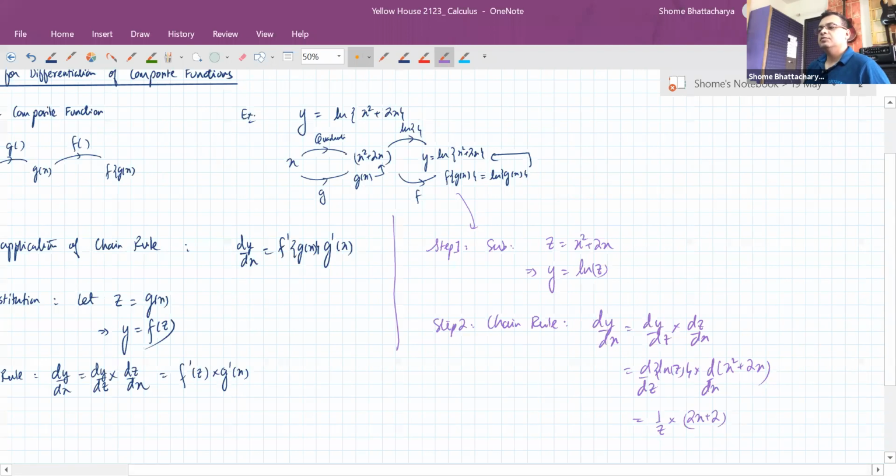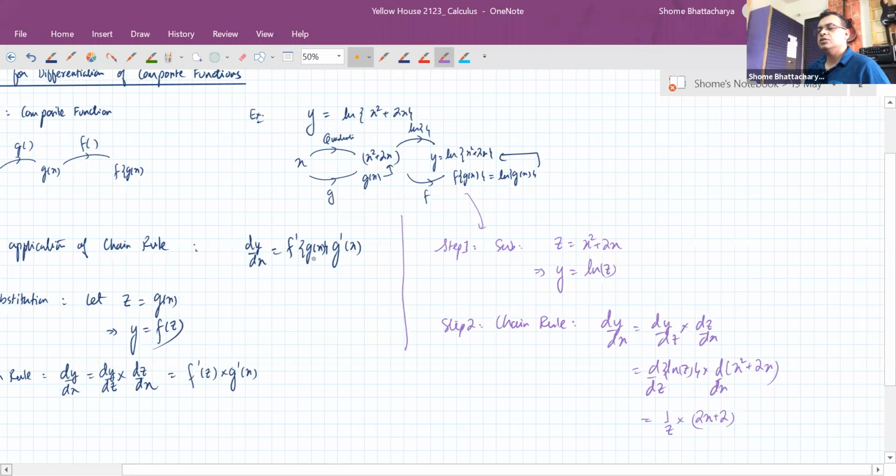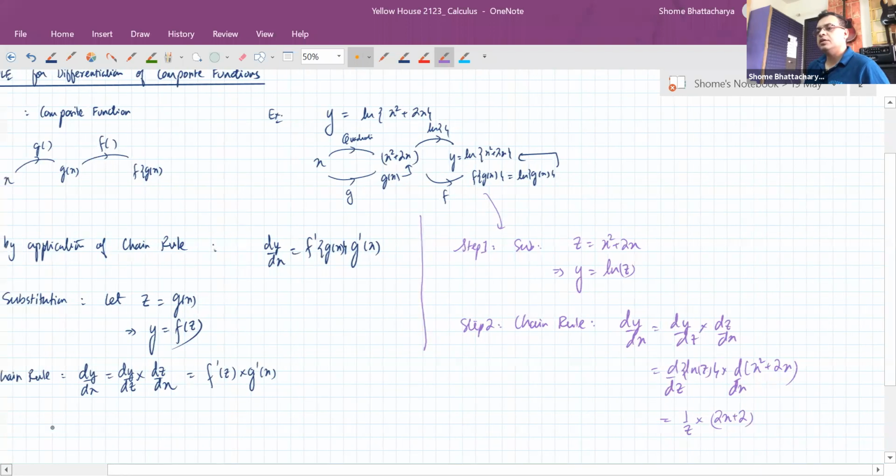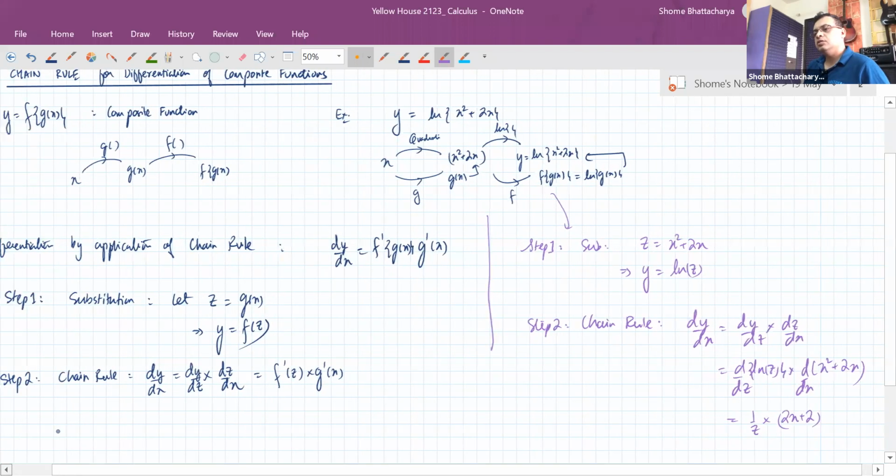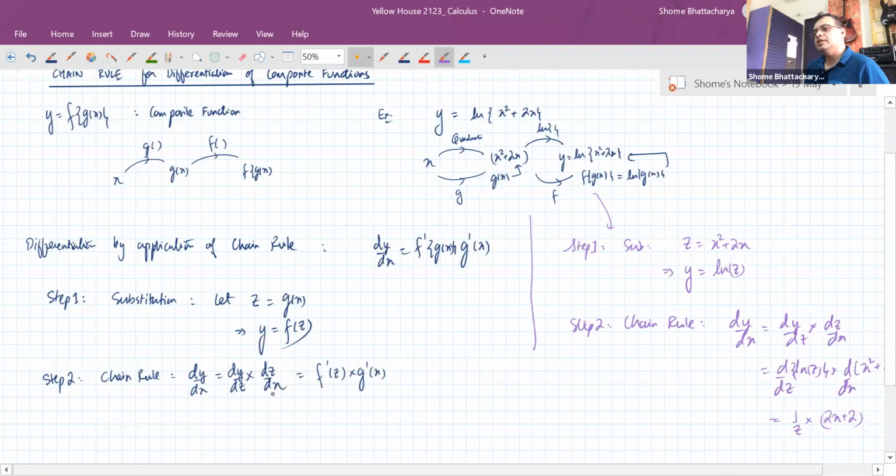So the final step then that we're left with is to resubstitute the value of z, because z was a dummy variable introduced by us. So we have to remove that variable and resubstitute it in terms of x. So z becomes g(x).